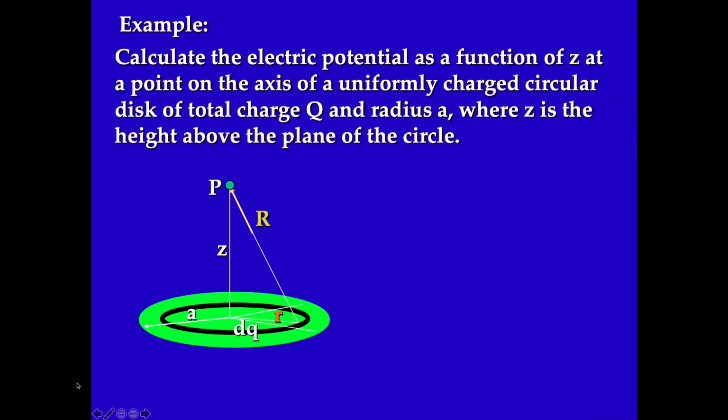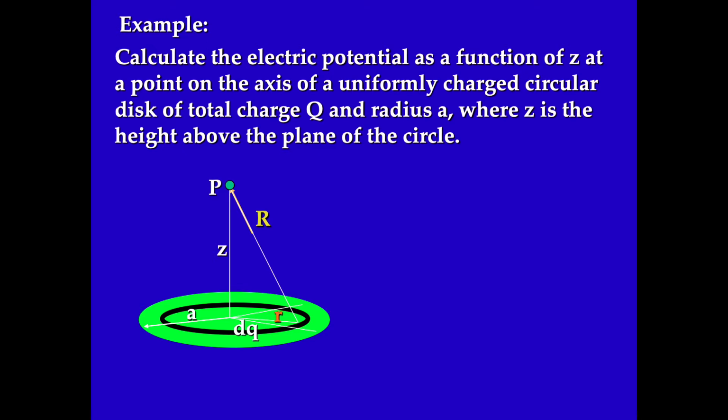So I want to do this example. The setup is quick. We have a disk instead of a ring, and I want to calculate the electrical potential at point P above the disk.